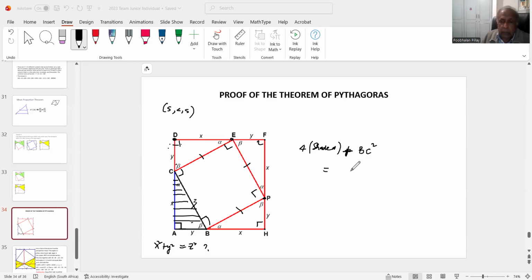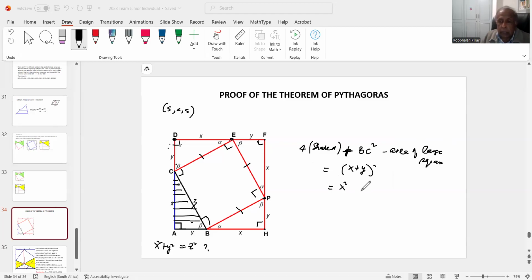And this large square has sides x plus y. The side of the large square is x plus y, and that's the area of the large square. By construction, this large thing is a square. But now you know what this is.